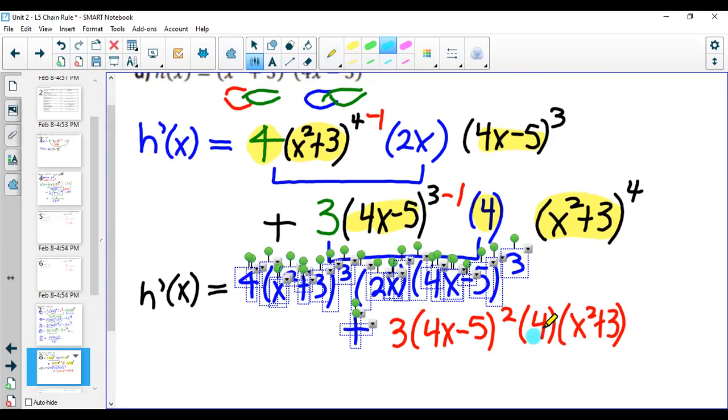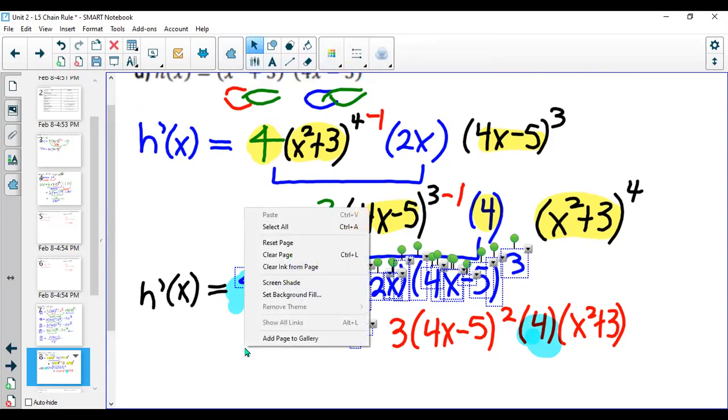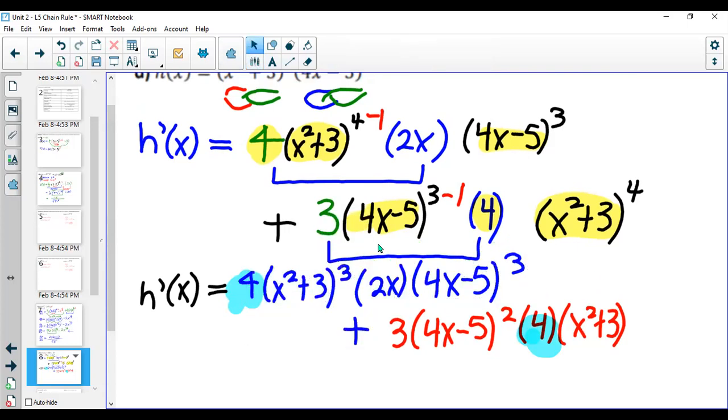I'm going to highlight my power of 4 in both scenarios, and my x squared. Basically, I'm highlighting all the greatest common factors. The smartboard is just playing tricks on me today.